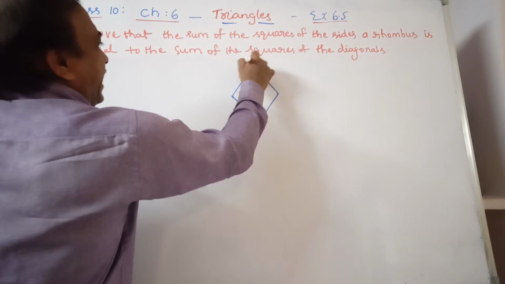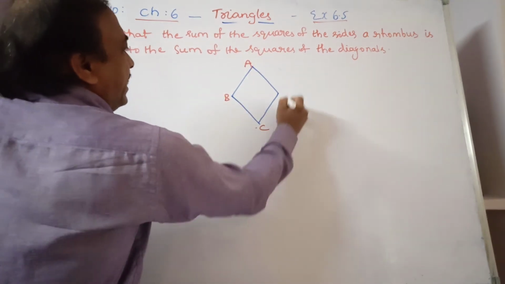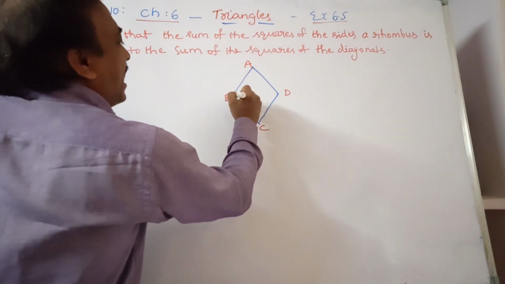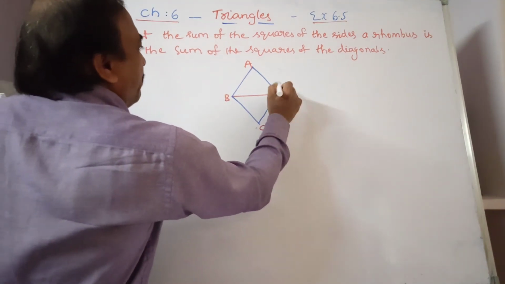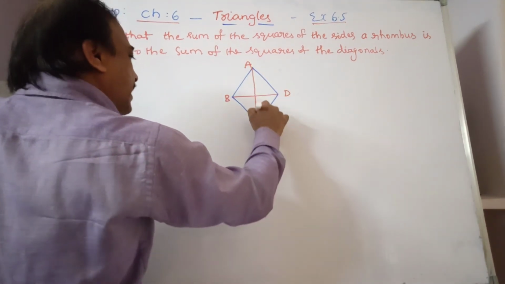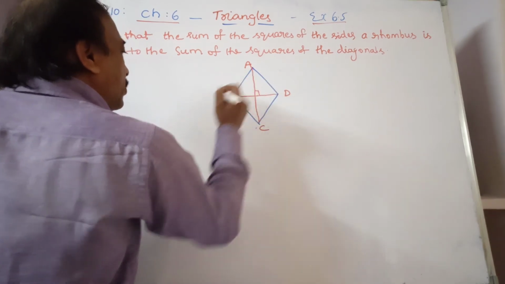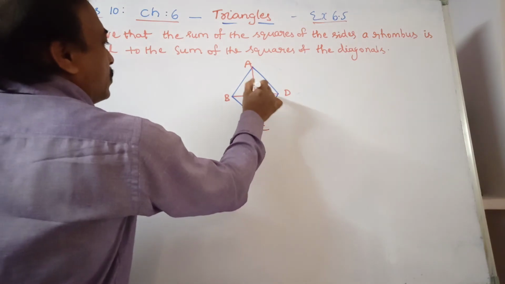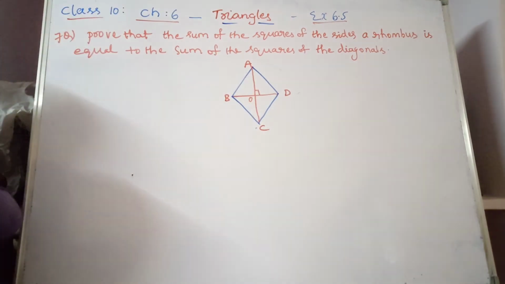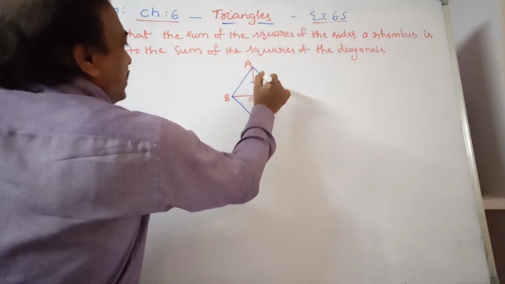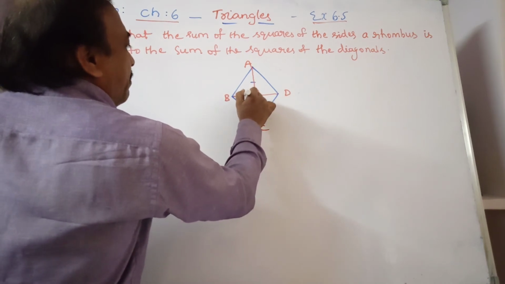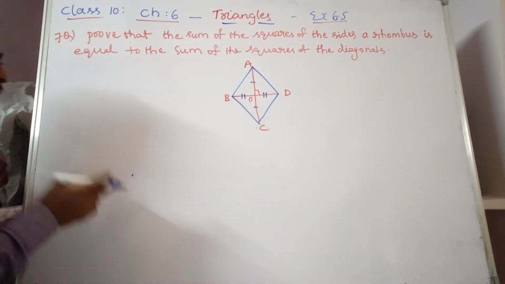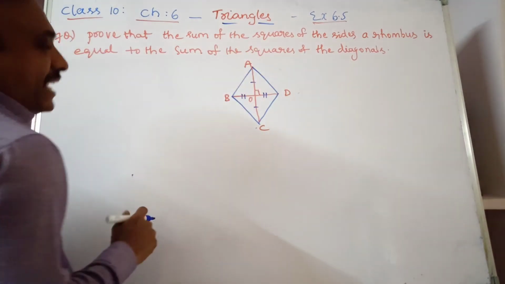So this is A, B, C, D. And even we know that the diagonals are perpendicular bisectors. Where they are meeting, the point is O. So the length AO is equal to OC and BO is equal to DO. These are equal, as well as all sides are equal.